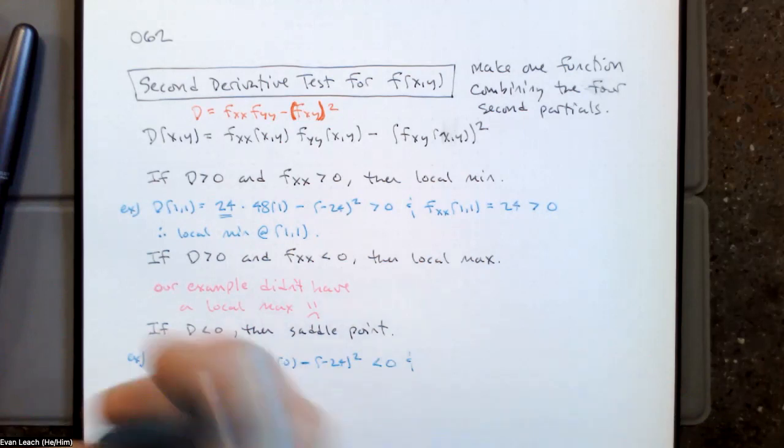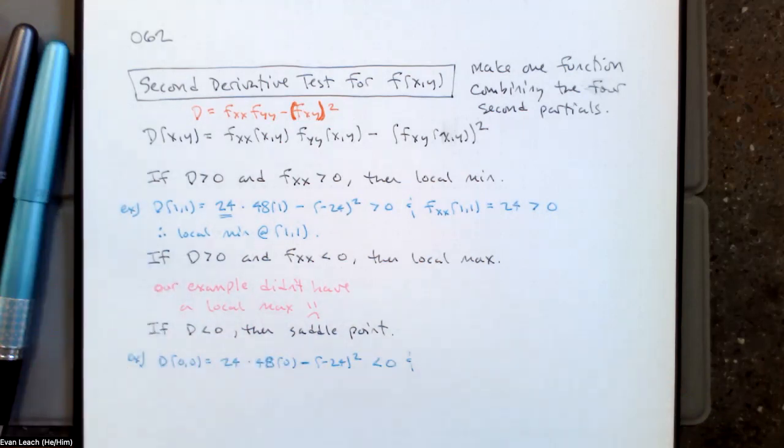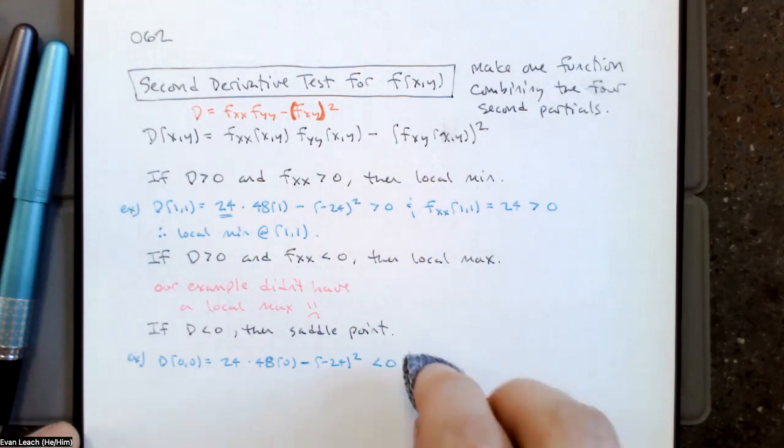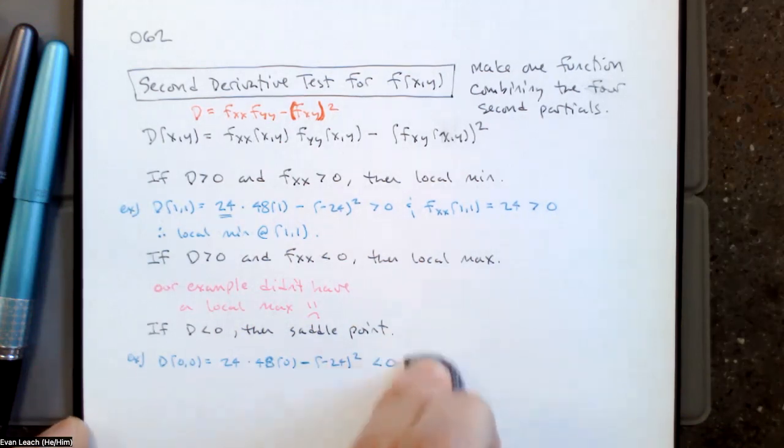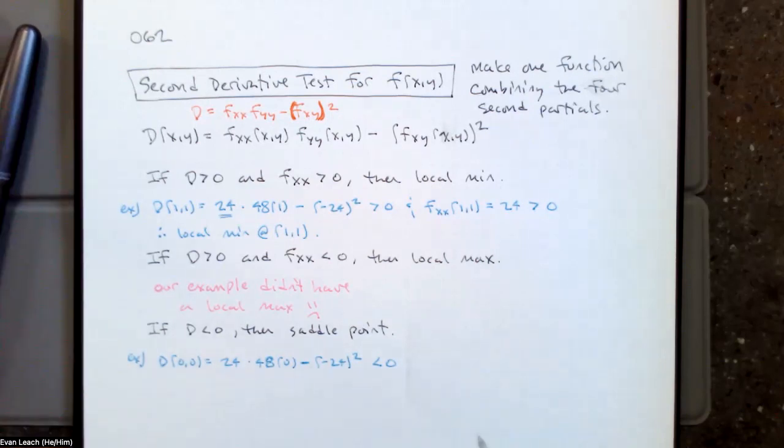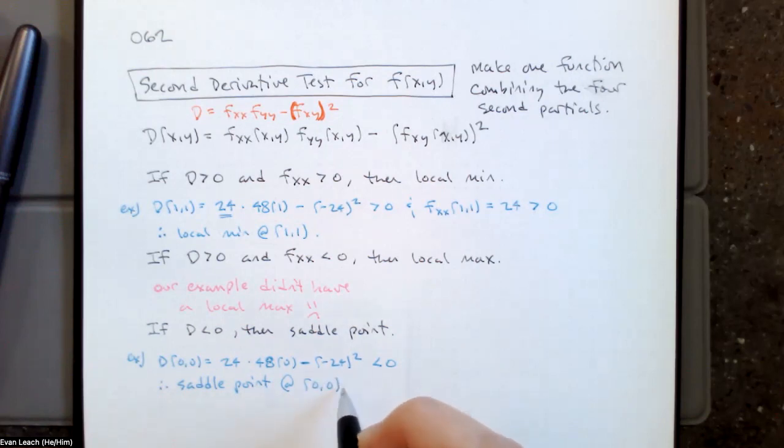And, oh, that's it. We don't need to worry about anything else. This d function made up of the 4 second partials is negative. So therefore, we can conclude saddle points at 0, 0.